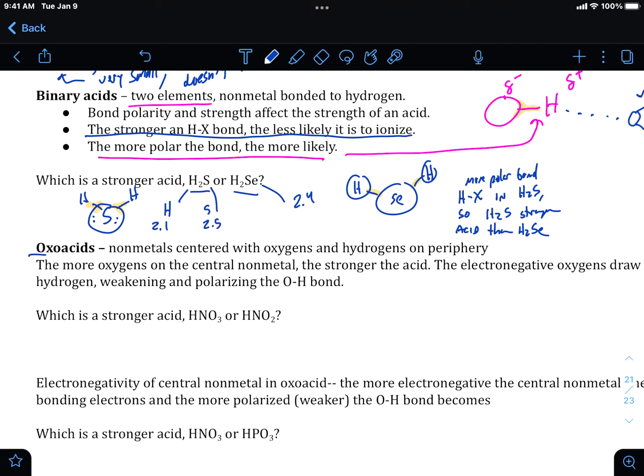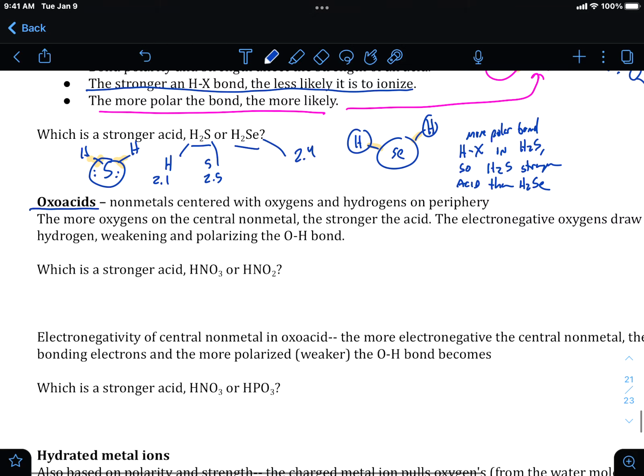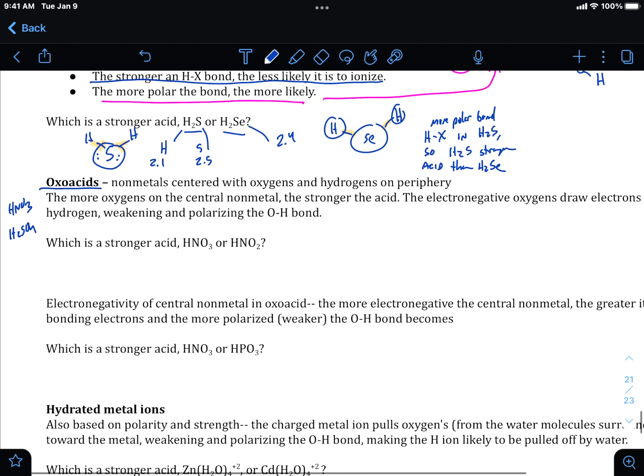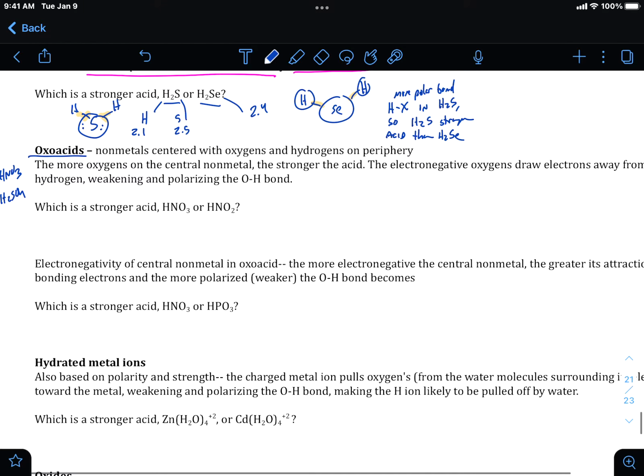Let's talk about an oxoacid. Oxoacids are the nonmetals that are bonded with a bunch of oxygens, and the hydrogens are bonded on the periphery. So you would recognize oxoacids as HNO3, H2SO4, anything with a nonmetal, a bunch of H's and a bunch of O's, right? So the strength of an oxoacid is based on something else.